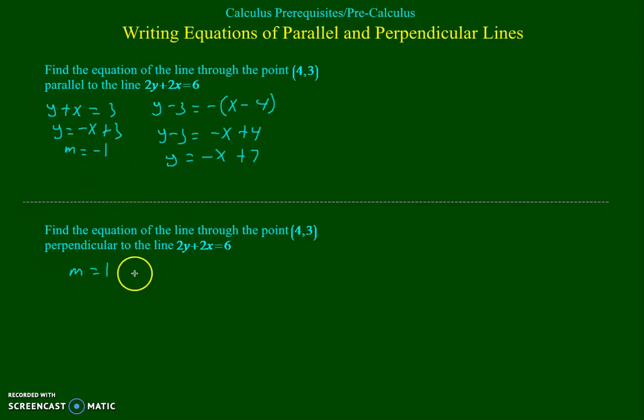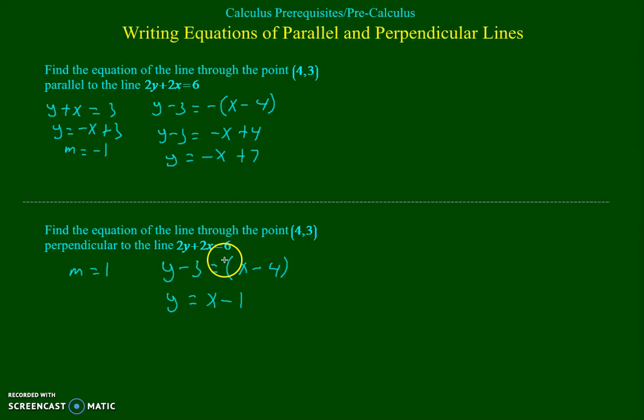So again, y minus y1 equals, this time m is 1, so it's just x minus x1. Here we just add 3 to both sides. y equals x minus 1. And so that's the equation of the line through this point perpendicular to that line.